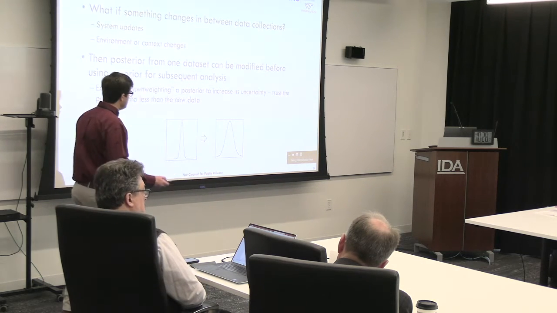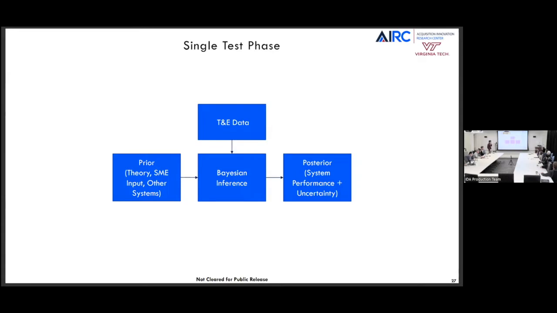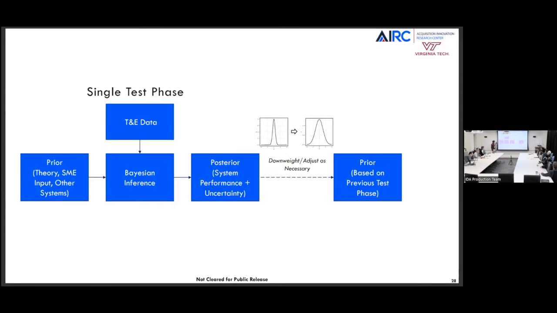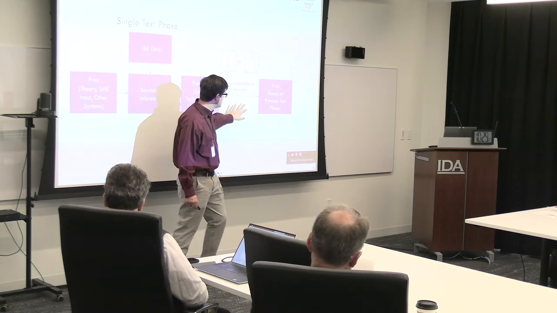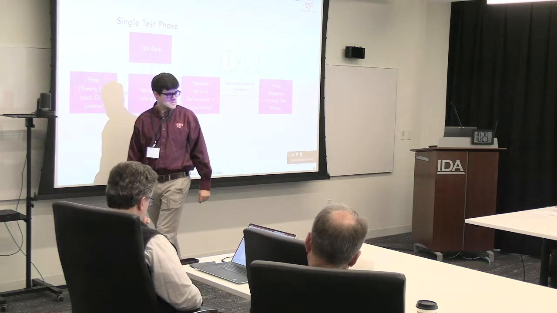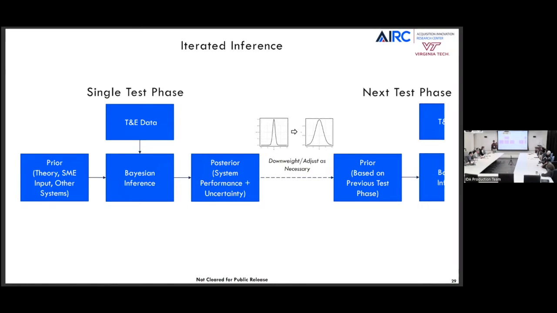So the idea, roughly, is this: this is a single test phase. We start with our prior, we collect some data, we run it through this Bayesian machine, and we compute our posterior, we have our new estimate. Then we take that new estimate, and now we're ready to collect new data, so we adjust it as we need to based on the context. That becomes our new prior, and then we run our next test phase.